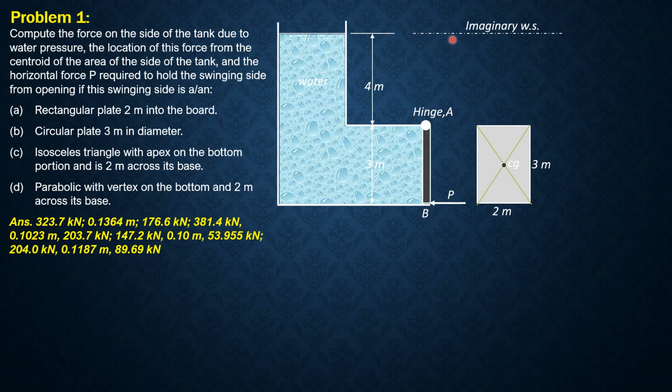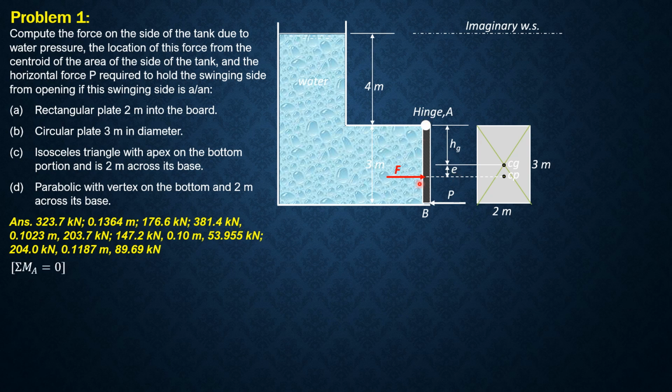Its distance from the imaginary water surface is denoted by h-bar, and h-bar is 4 plus 1.5. So at CP acts the force, and the distance of the centroid of the rectangular plate from hinge A is denoted by h sub G, and h sub G is 1.5. In this case, the distance between CG and CP is e.